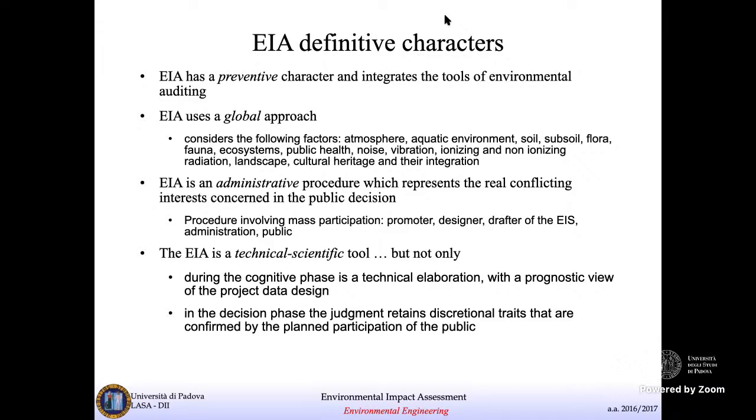Yes, please. I have a question about the EIA global approach. Yes. Because you mentioned noise and vibration, but I also wonder about light pollution. Is that included, or is that talked about in general? I said noise, vibration, and what is your question?